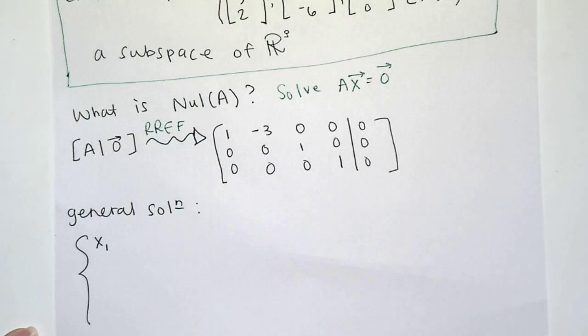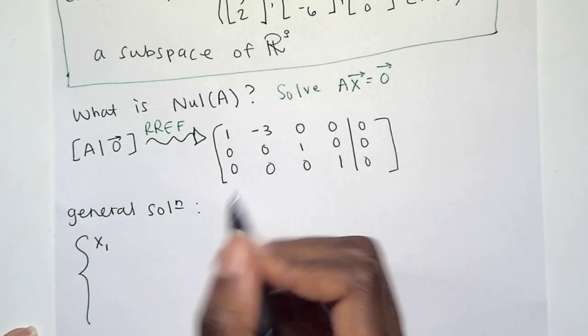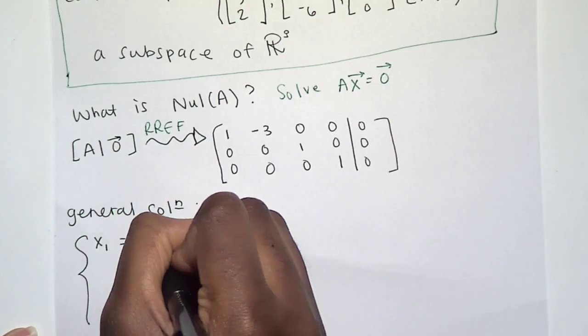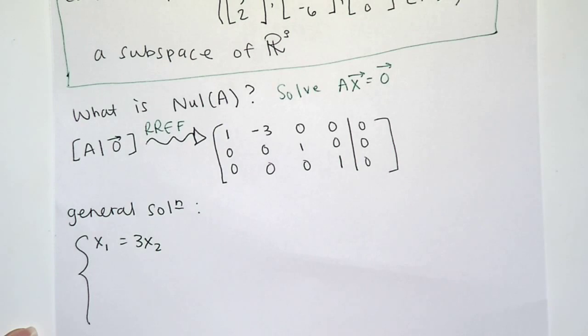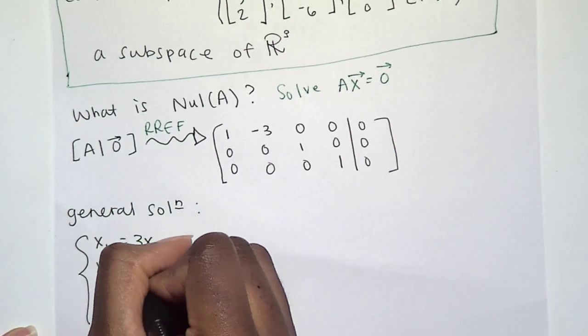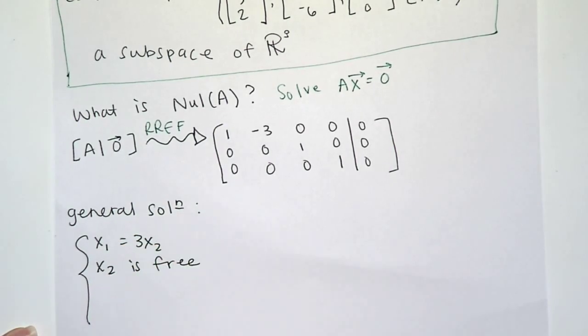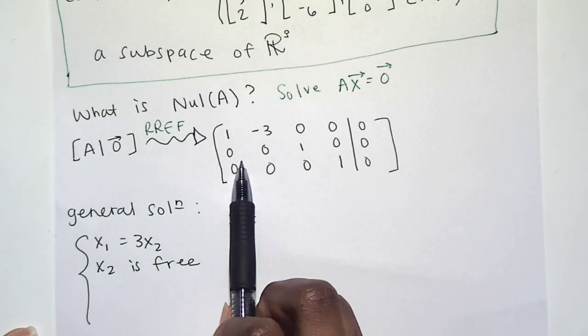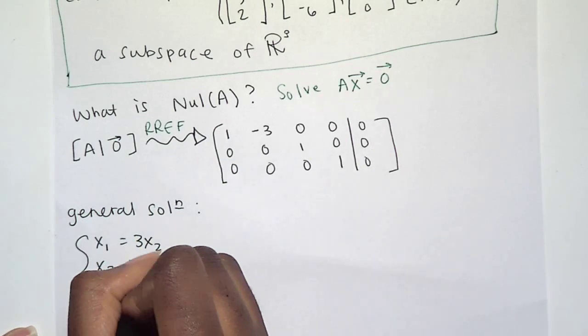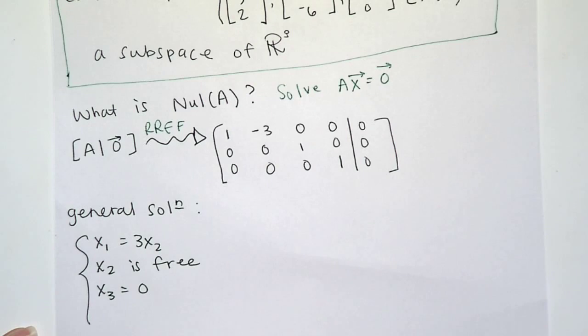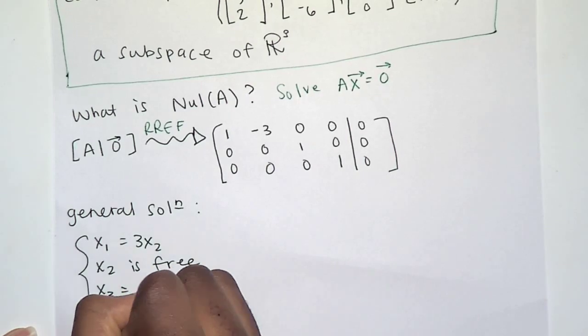So x1 looks like it's going to be 3x2, which means our x2 is free. x3 is 0, and x4 is 0.